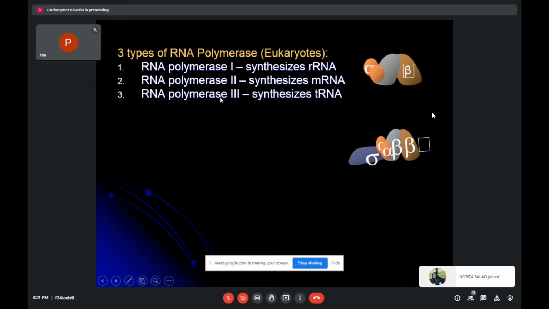So the type of RNA polymerase that transcribes the DNA into messenger RNA is RNA polymerase 2.